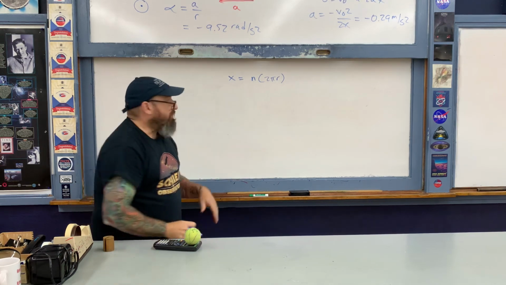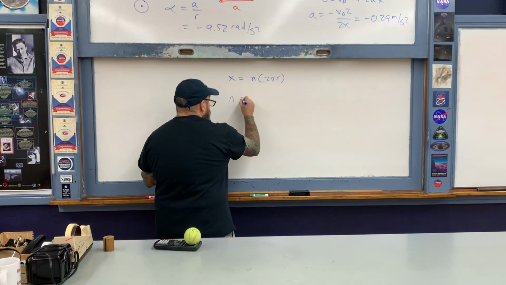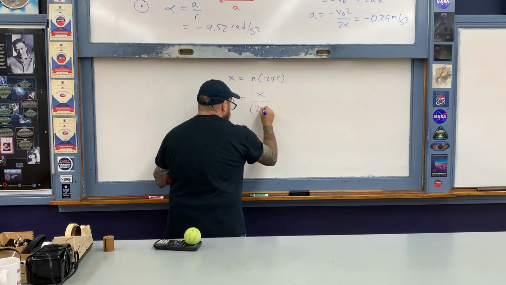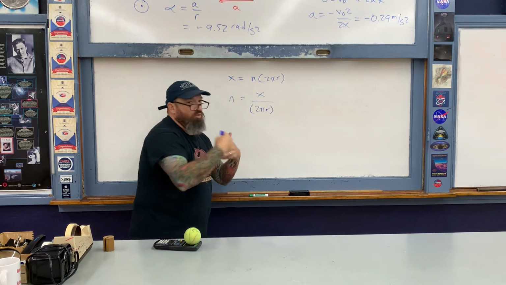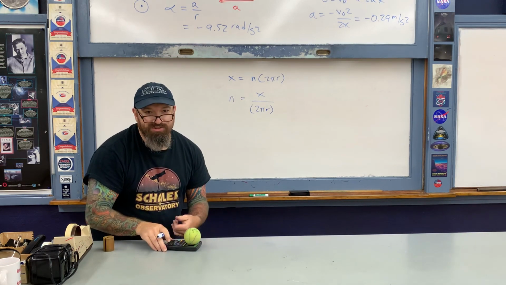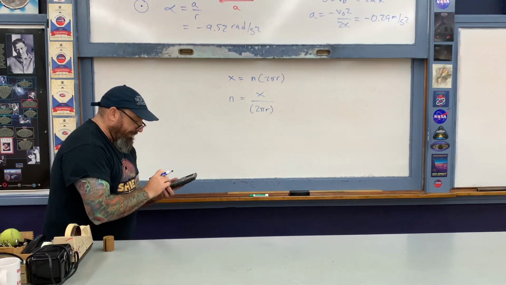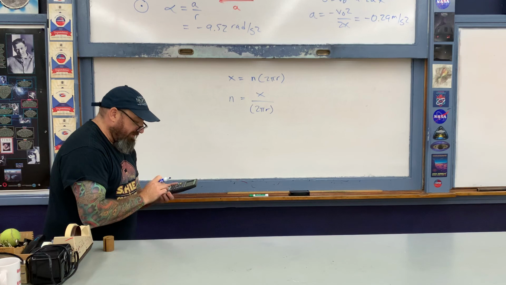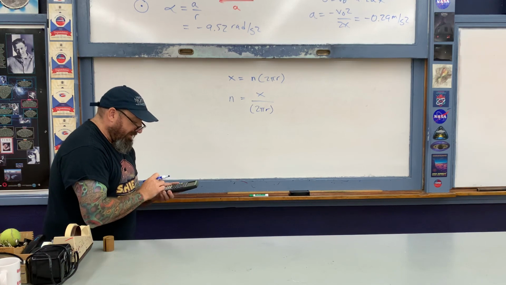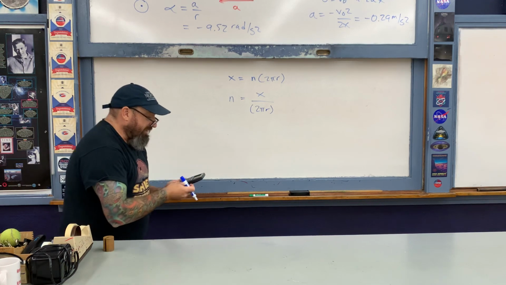So the number of rotations made is going to be the value of x divided by how much one rotation is, which is the circumference. So just take 7 meters and divide by the circumference of the ball. 2 times pi times 0.03.